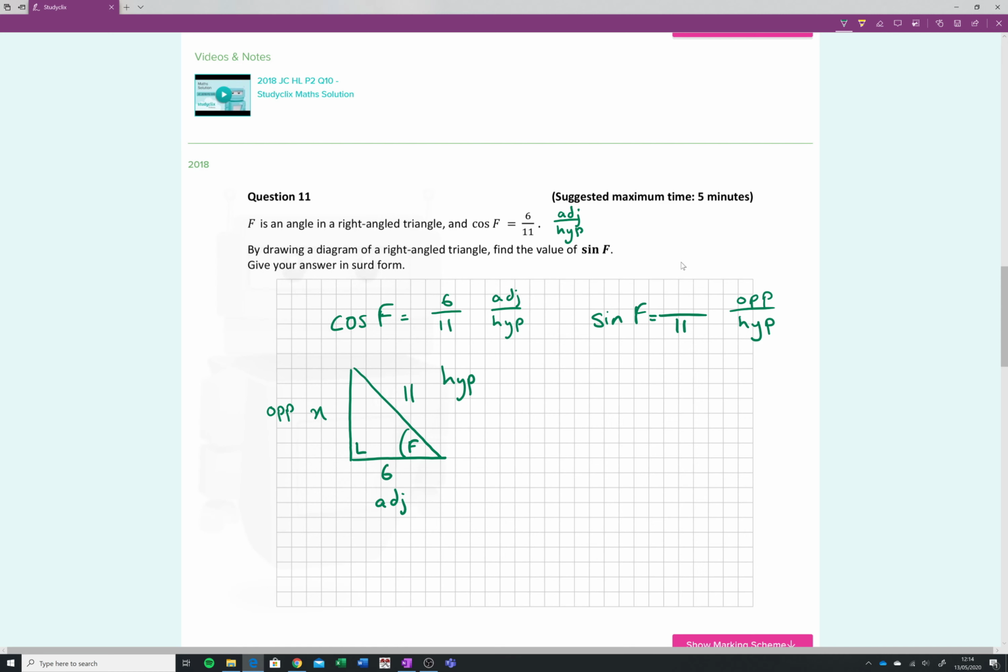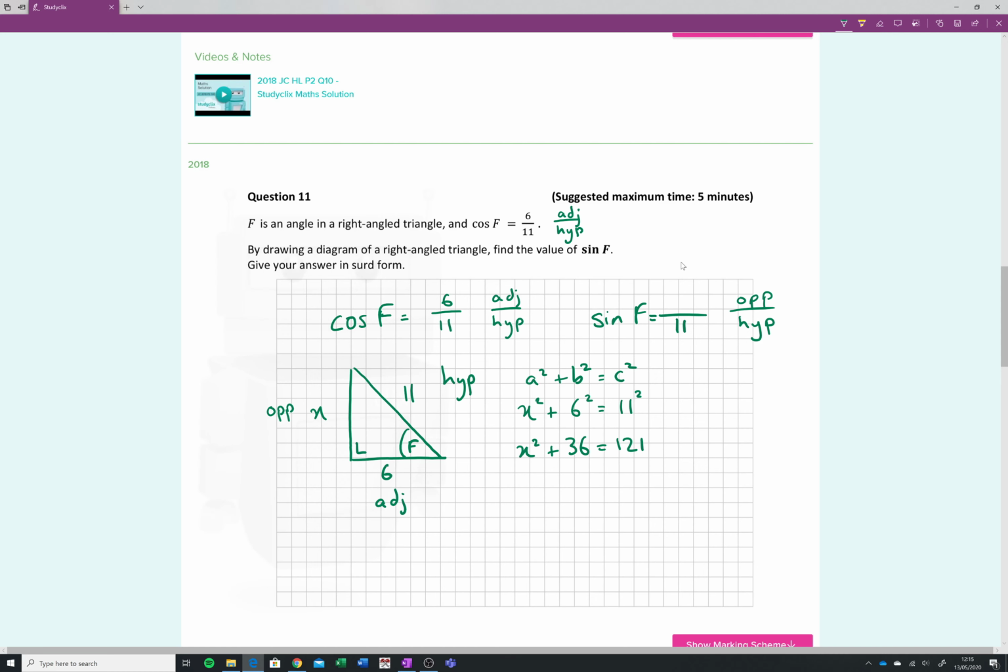And the way to get this, can you figure it out? Just pause me before you do it. It's of course using Pythagoras' theorem. x squared plus 6 squared is equal to 11 squared. You're just using your a squared plus b squared equals c squared. So x squared plus 36 equals 121.